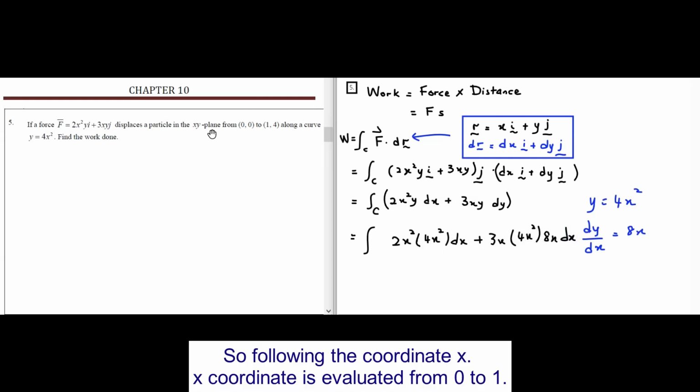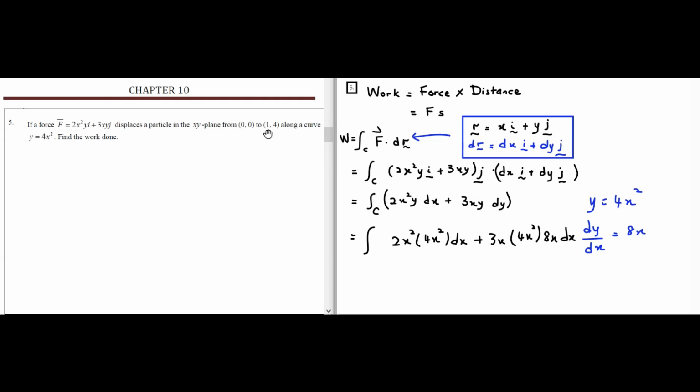Following the coordinates, x is evaluated from 0 to 1.